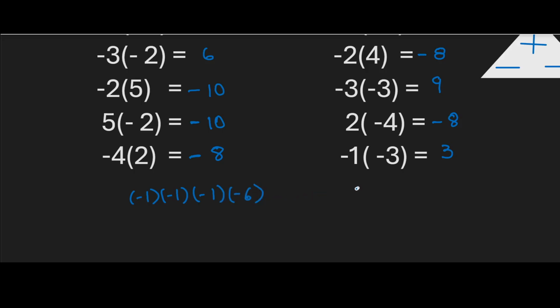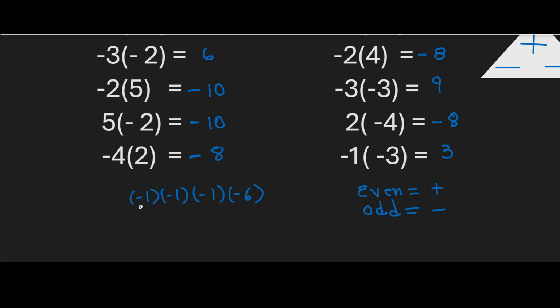Okay. What you're going to do is count how many negatives you have in that multiplication. If the number of negatives is even, the answer is going to be positive. Or if the number of negatives after you count them is odd, the answer should be negative.